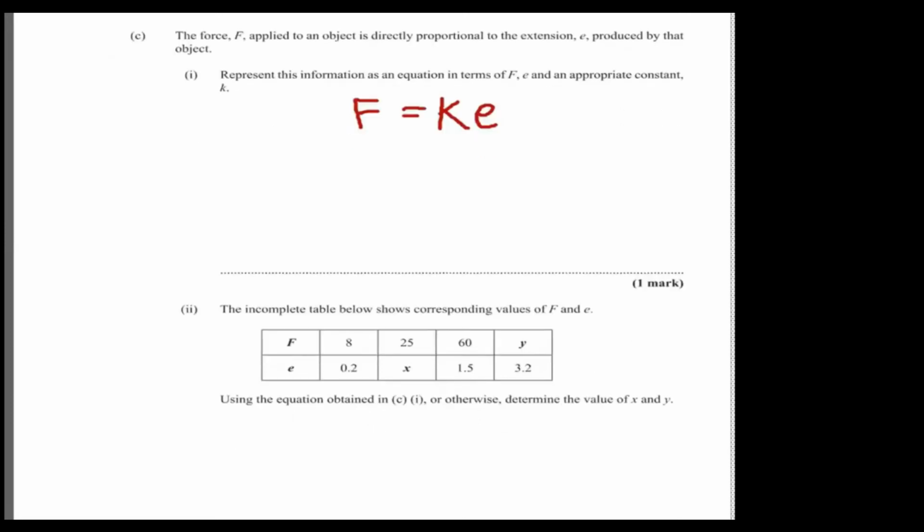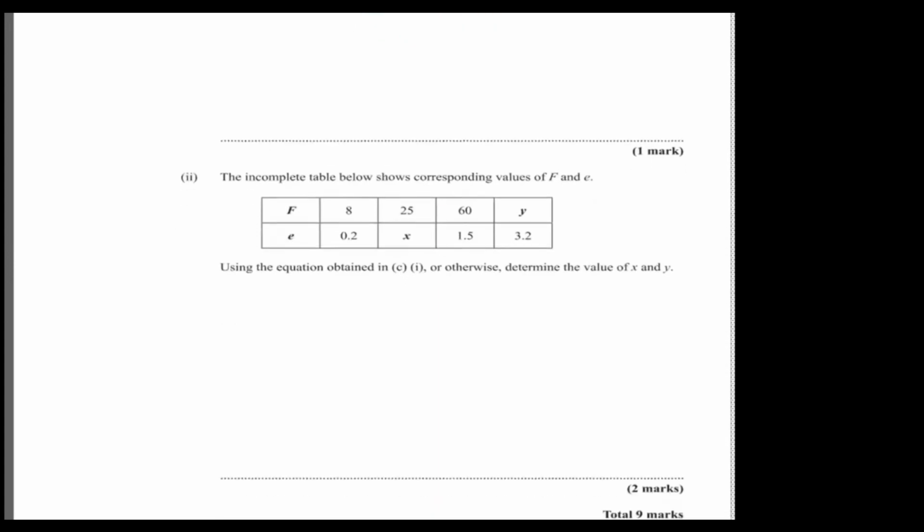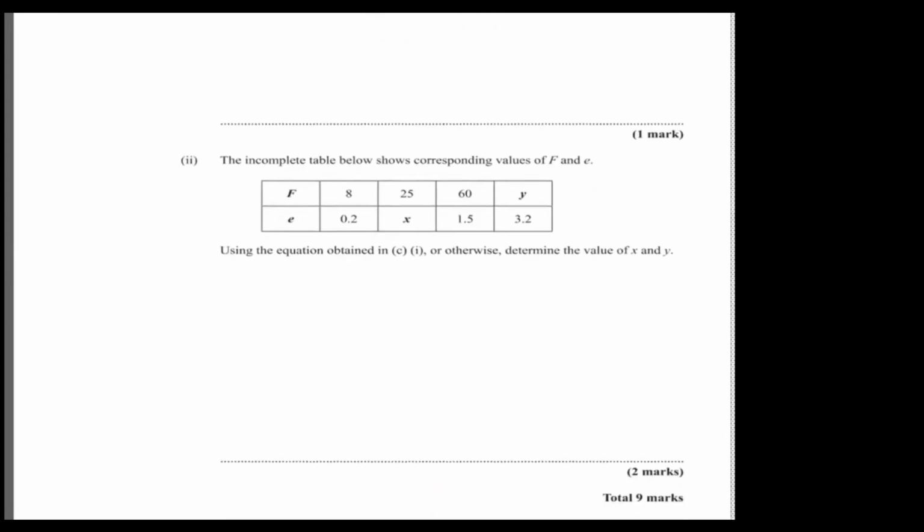Now part 2. Part 2 says, the incomplete table below shows corresponding values of F and E. All right, so it shows when F equals 8, E is 0.2. So determine the values of X and Y. To find X and Y, there are two methods we can use.